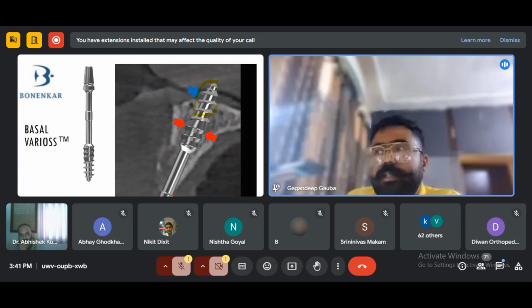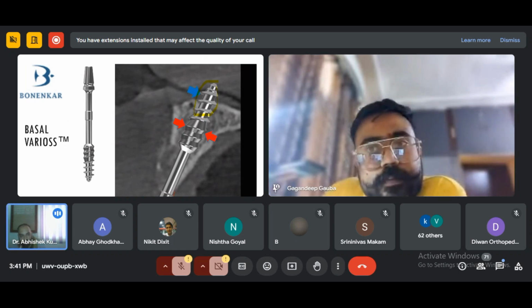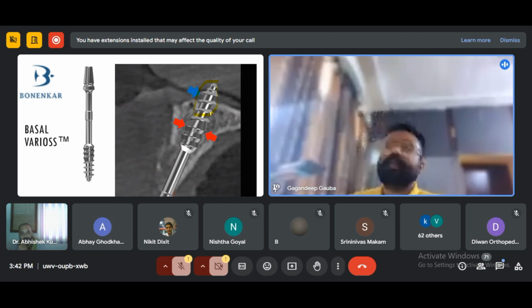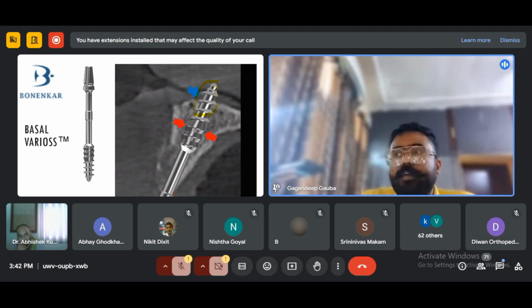But the Varios is entirely different in functionality. So this is a contingency implant, about the doubt of the surgeon who was using compressive. Sir, basically what happens is, this implant has both the basal implant and the compressive implant built into one implant only. So even if the cortical threads are not engaged, we will for sure engage the bone with the compressive action of this implant.